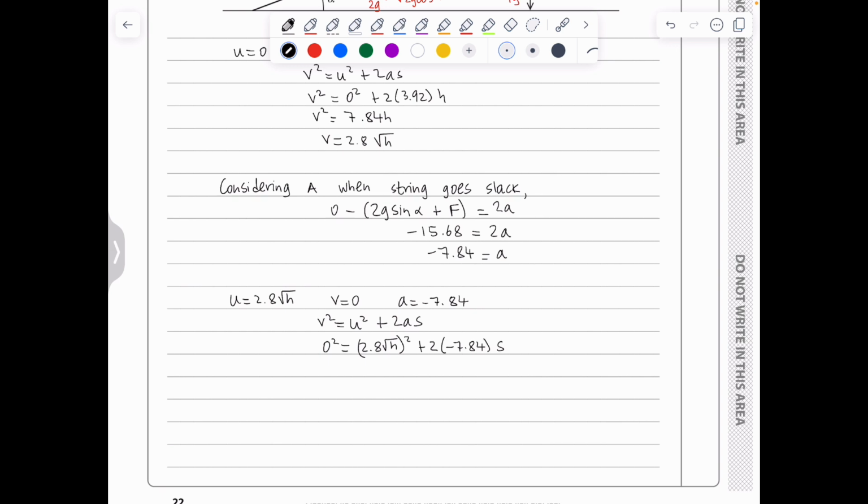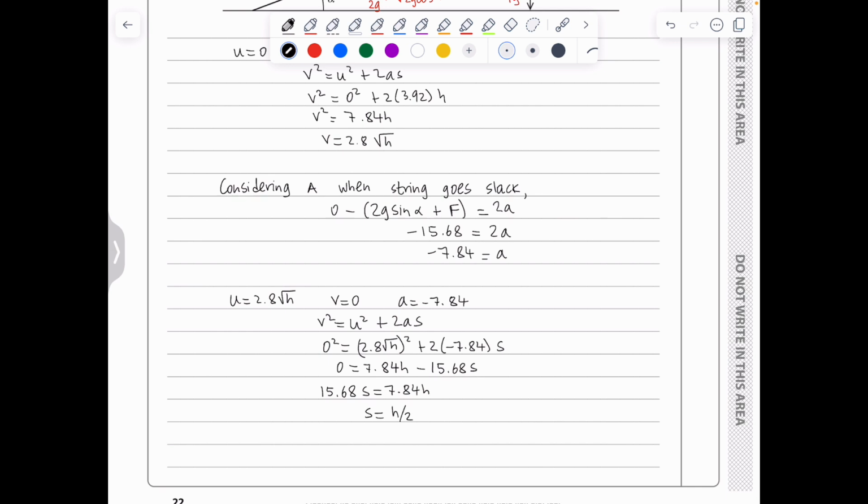So we get that 0 is 7.84h minus 15.68s. So 15.68s is 7.84h, which means that s is h over 2.